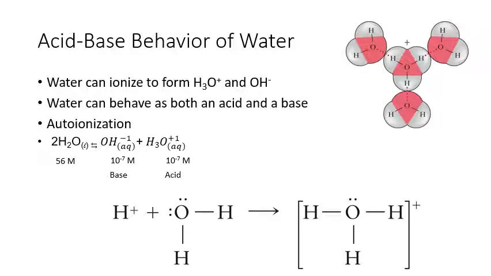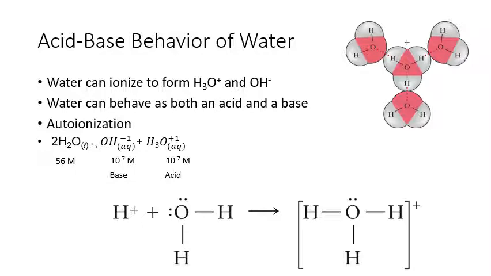So that's kind of the general definition of what an acid or a base is. And it turns out that water itself can actually act as either an acid or a base. So if you were to look at water molecules on their own and look at what they do, you would see that a very small amount of water changes.